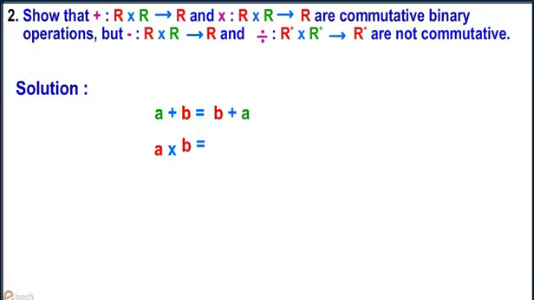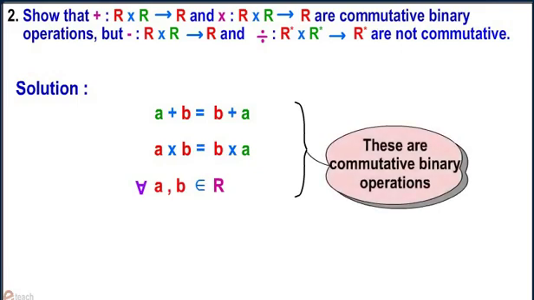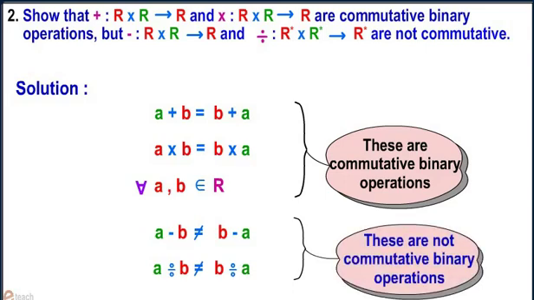Similarly, a into b equals b into a for every a, b belonging to R. Hence, addition and multiplication are commutative binary operations, whereas a minus b is not equal to b minus a and a divided by b is not equal to b divided by a. Hence, subtraction and division are not commutative binary operations.